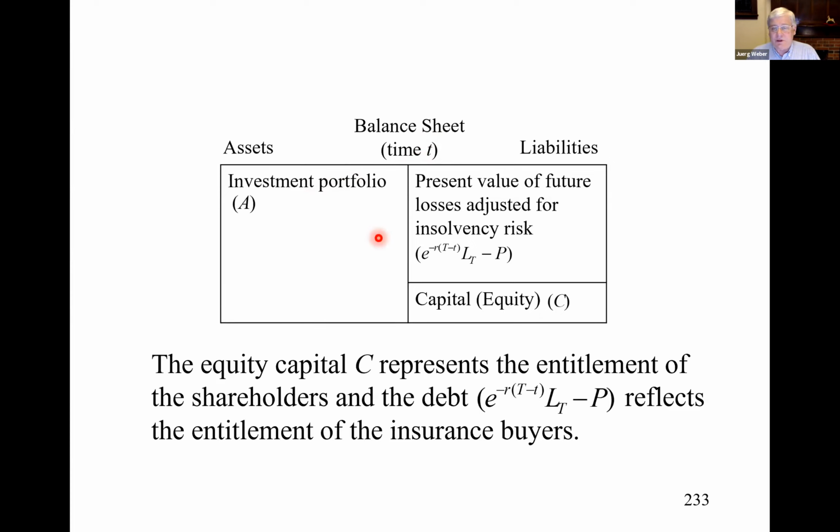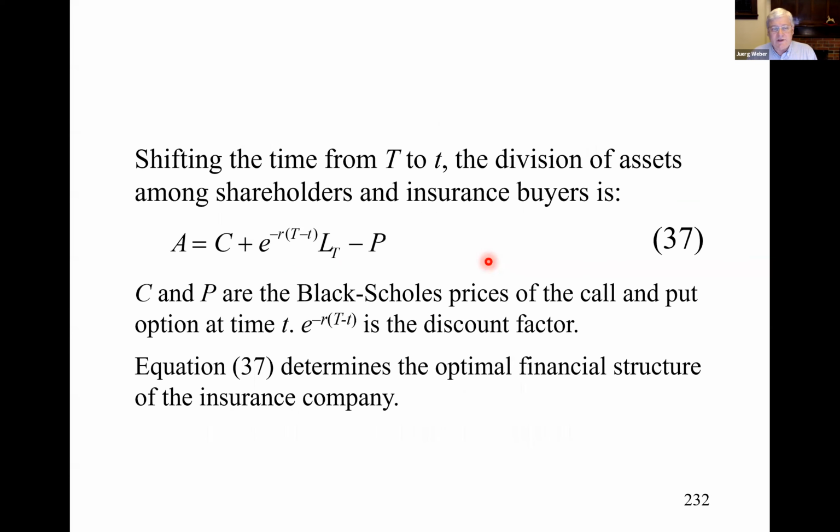And that's equal to the capital, to the equity capital, and the discounted payouts, insurance payouts, adjusted for the insolvency put. So that's what I have here. So A is equal C plus the insurance payouts discounted, adjusted for the insolvency put.